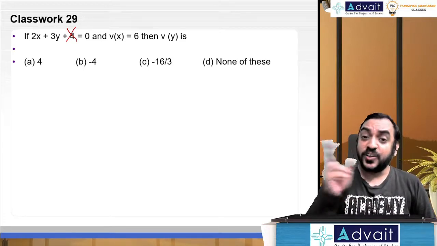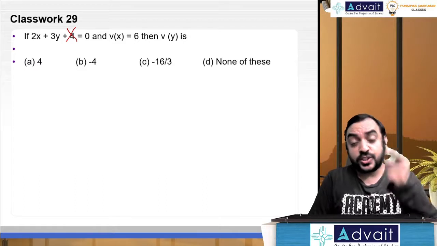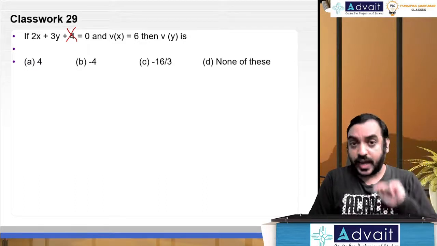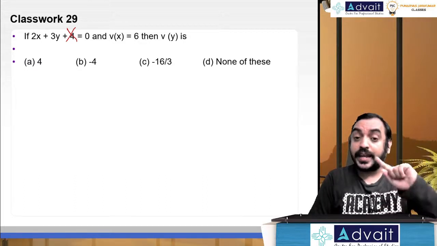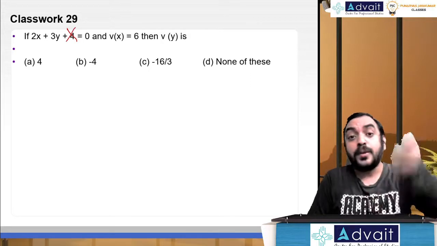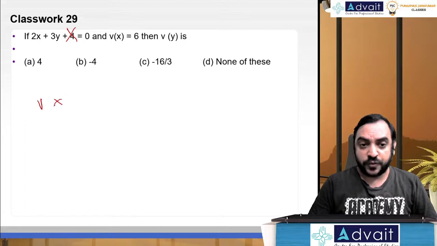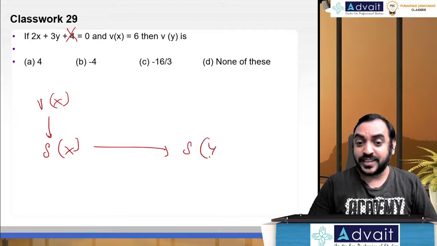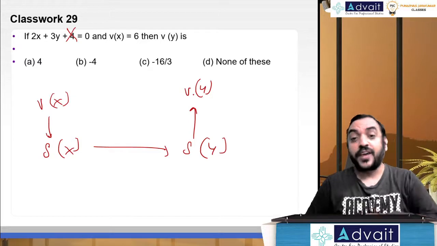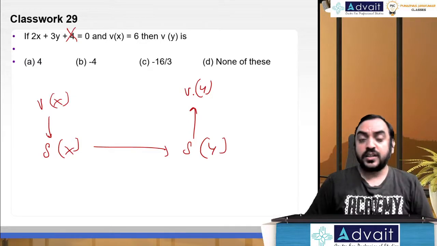Regarding variance, first you convert it into standard deviation, calculate, and then go back to variance. From the variance of x, you calculate the standard deviation of x. From the standard deviation of x, you calculate the standard deviation of y, and from that you go for the variance of y. I hope you know the technique.